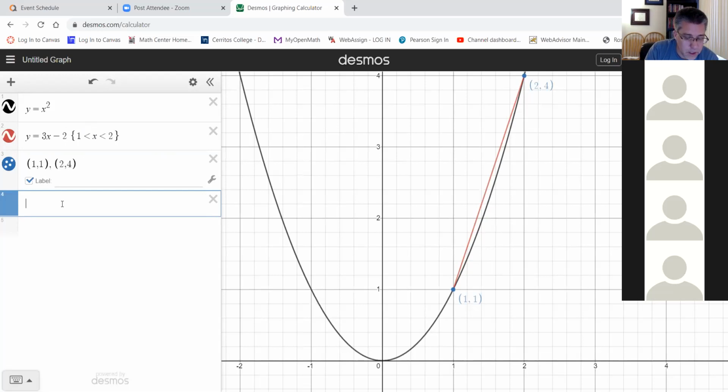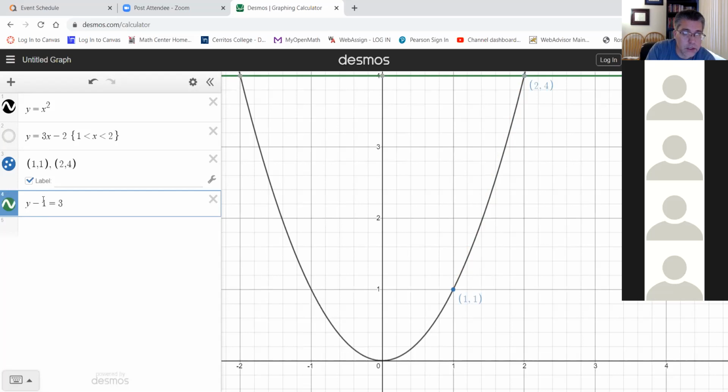As this point goes to 1, 1, I'm going to turn this off, okay? And I'm going to say that the first point, right? So y minus 1 is equal to, so I'm going to use point slope form, m, and what's m?